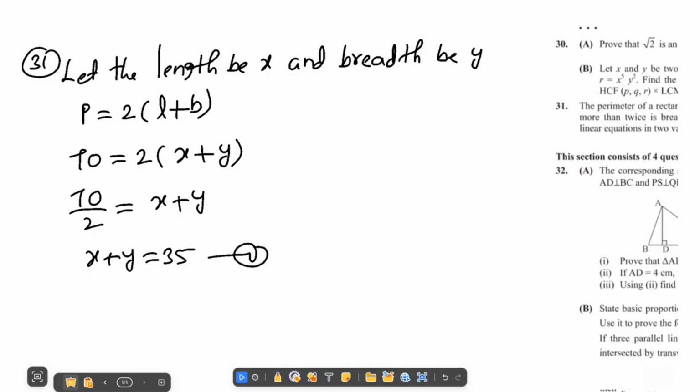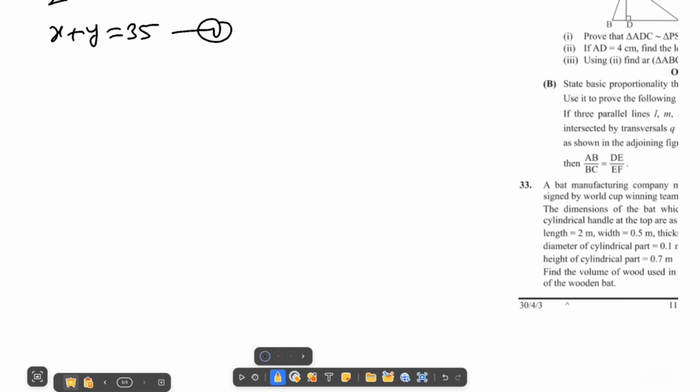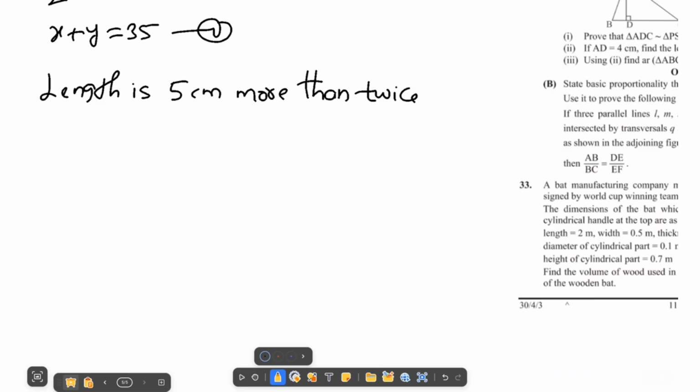Next, the length is 5 centimeters more than twice the breadth, right? So what is the length? x.